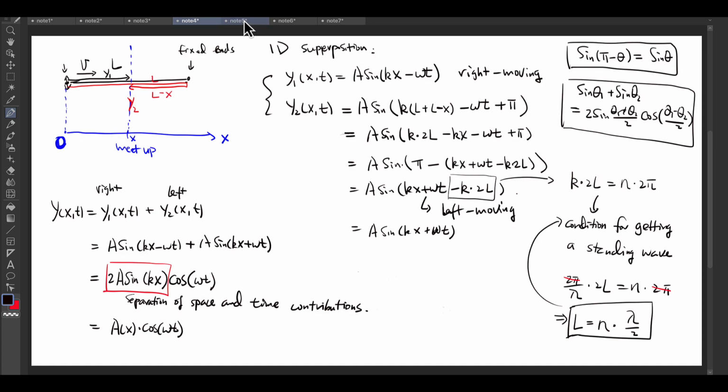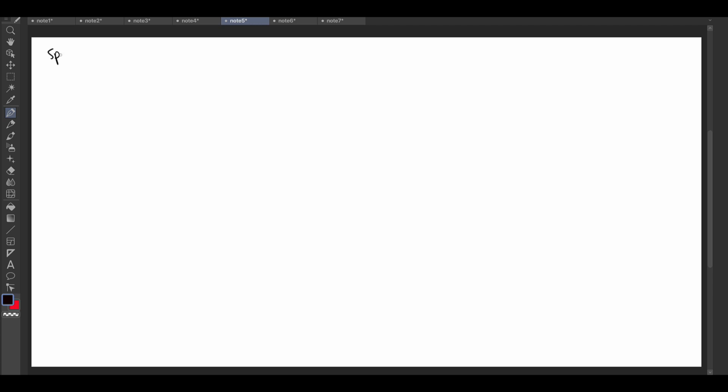Okay, so let's start a new page here. So let's look at the spatial contribution to the superposition. So we have Ax. So that's a spatially dependent amplitude, which is 2a sine kx.